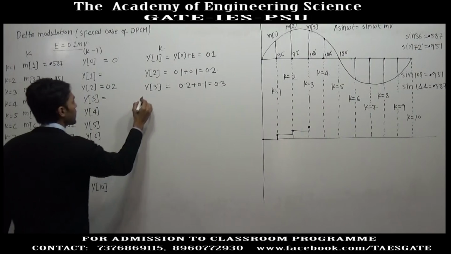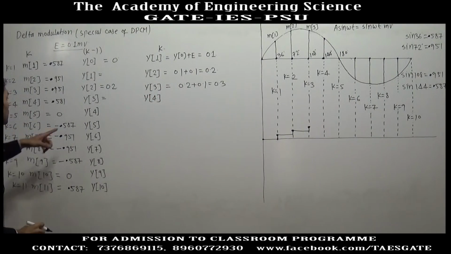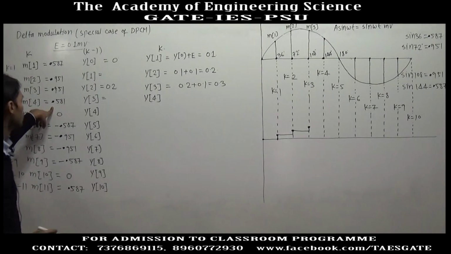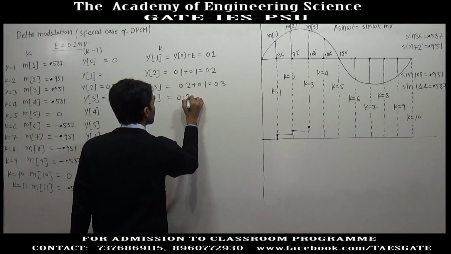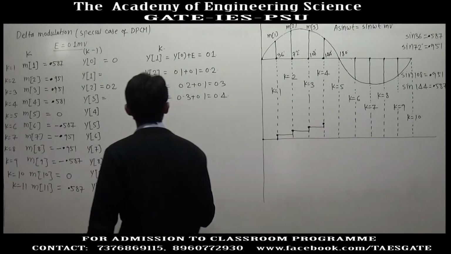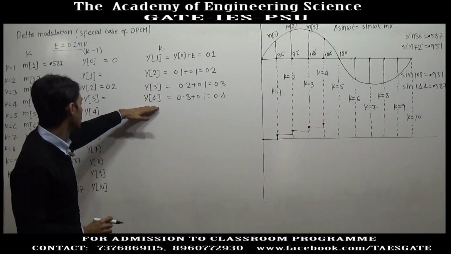Next, to find y4, we will compare y3 and m4. y3 is equal to 0.3 and m4 is equal to 0.581. So, again we will add 0.3 plus 0.1, this is 0.4. To find y5, we will compare m5, the present input at k equal to 5, and the previous output y4.